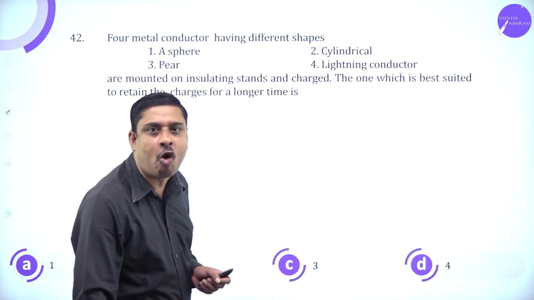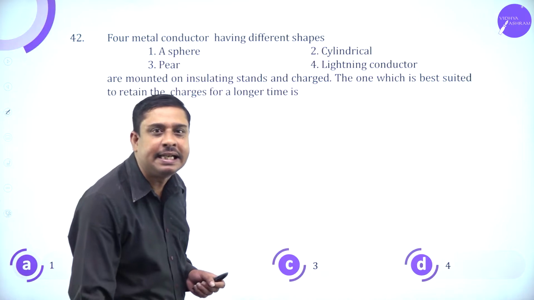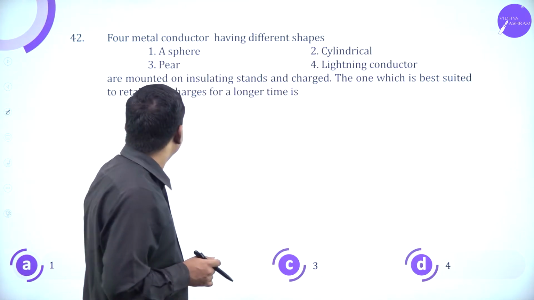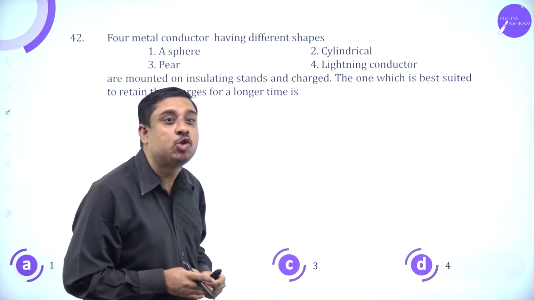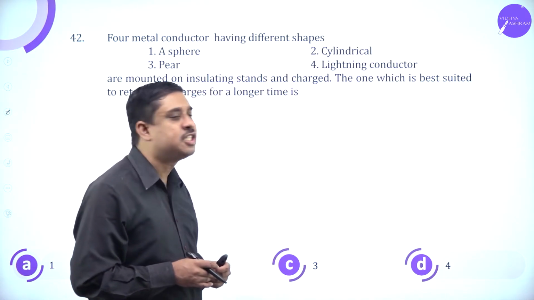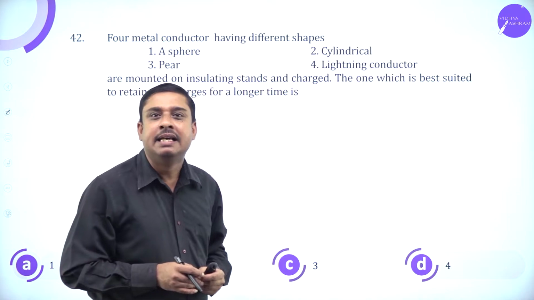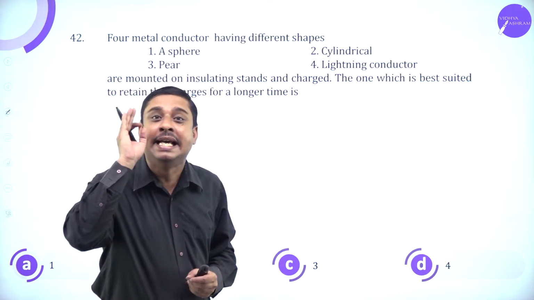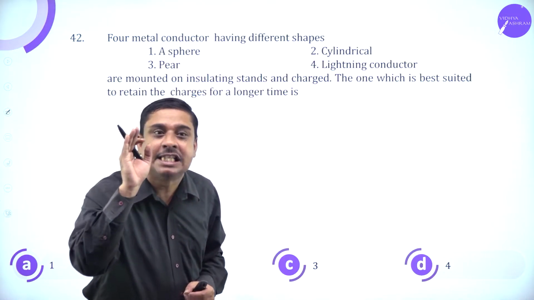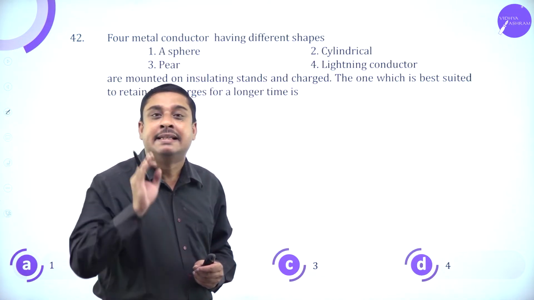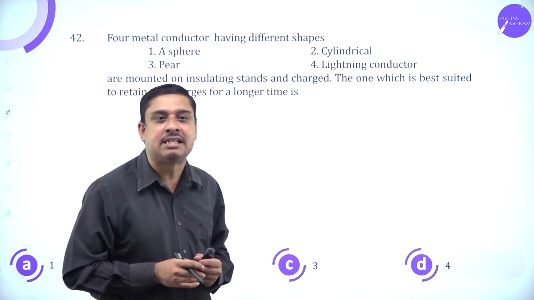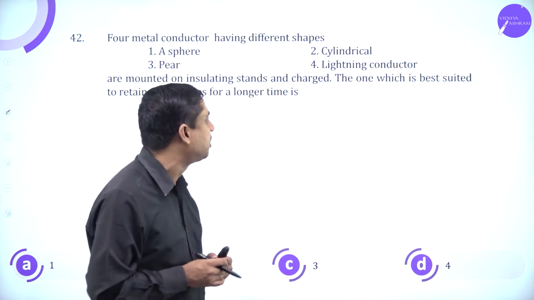So there are 4 given conductors with this shape. They are mounted on insulating stands and charged.